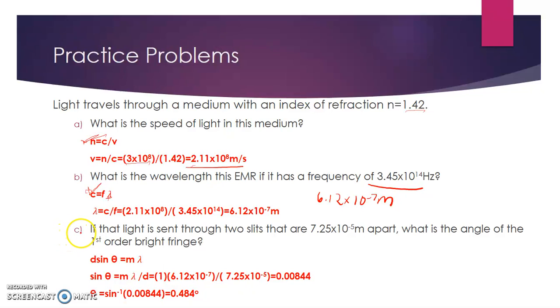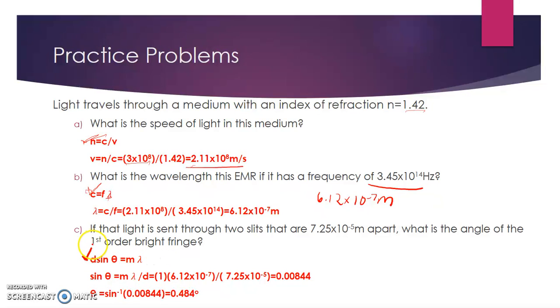Letter C states that if the light is sent through two slits that are 7.25 × 10^-5 meters apart, what is the angle of the first order bright fringe? Here we're going to use that new formula that we were talking about earlier in this lesson. We plug in what we know.